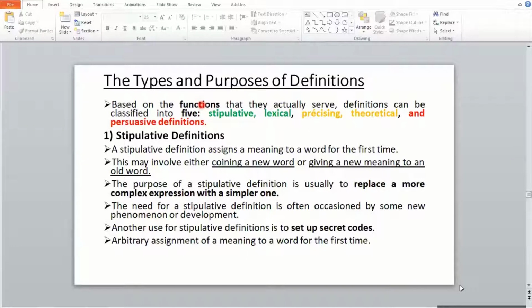When we see the purpose of this definition, it is usually done to replace a more complex expression with a simple one, simply to make it simple. To make expressions simple, or replacing a kind of complex expression of a term by a simpler one.